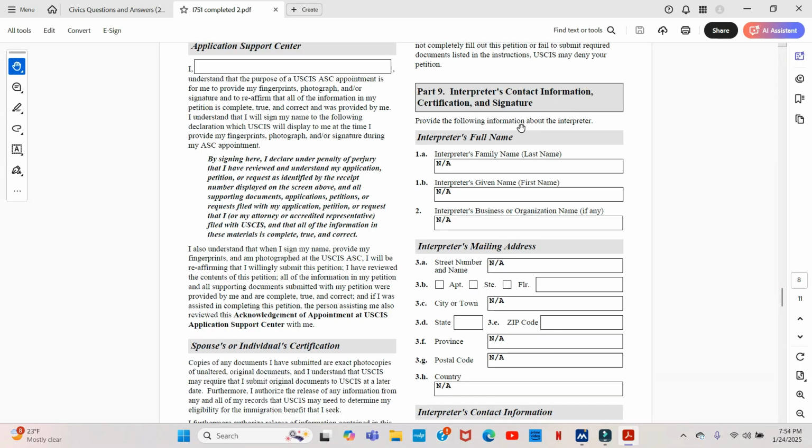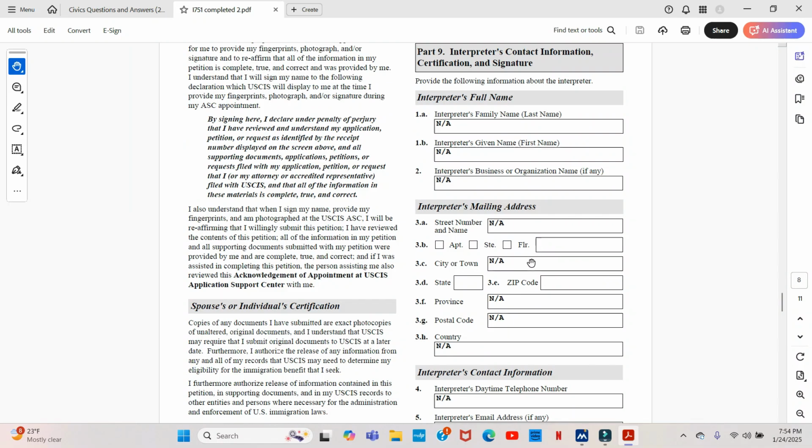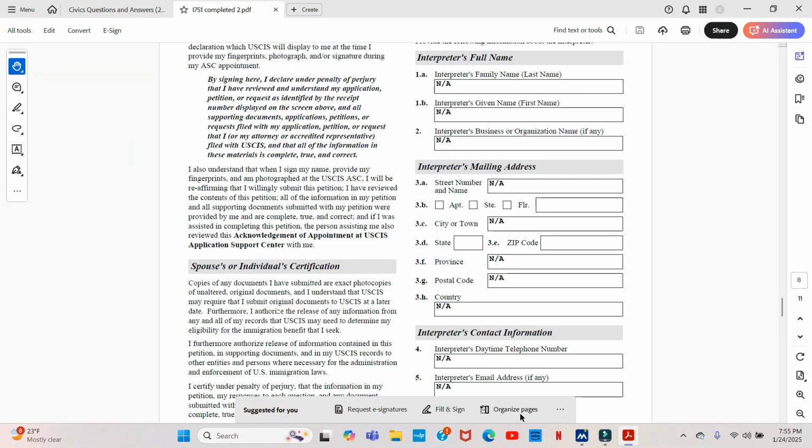If an interpreter was used, the interpreter's full name goes into this section, and business information, also interpreter's mailing address. Since one was not used in this case, we write NA in all the boxes that are for the interpreter.